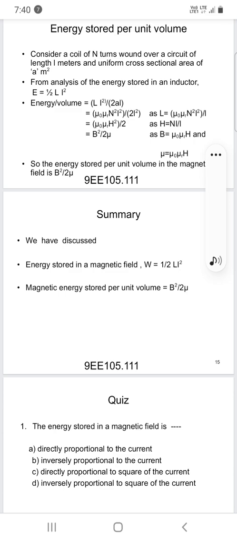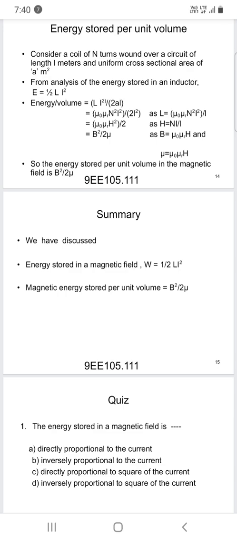From this expression we get mu naught into mu r into N square into I square by 2 l square. Here H equal to N I by l.